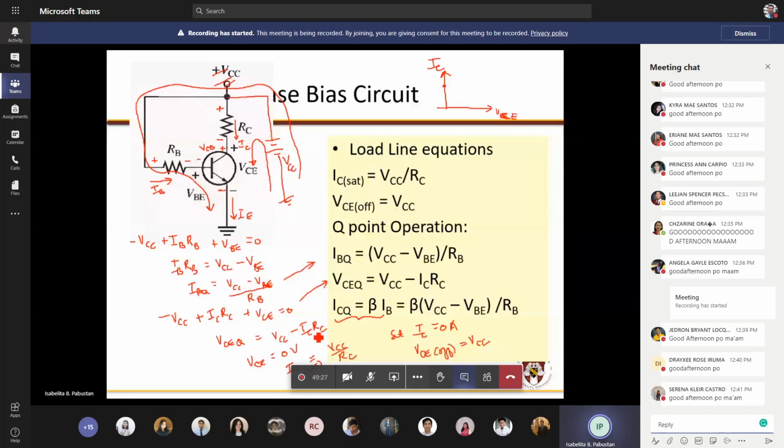Saan tayo nagbabase? Nagbabase tayo sa formula na ito. You simply set your IC to 0 and then your VCE cutoff will be equal to VCC. Okay?